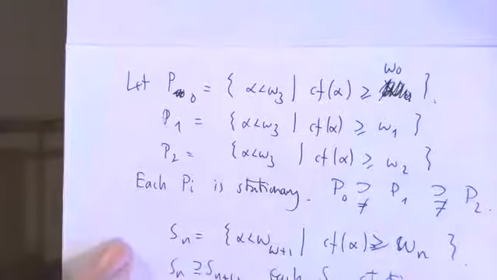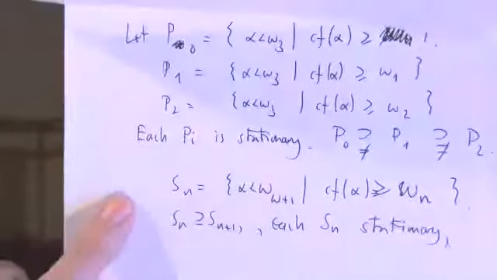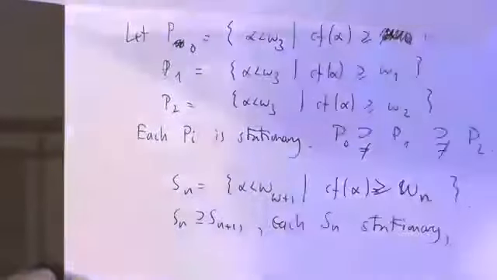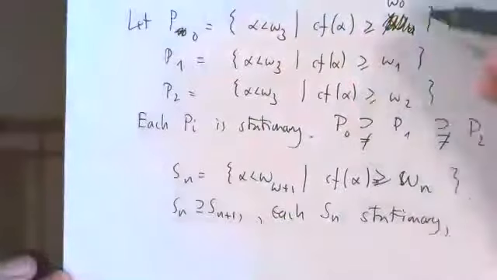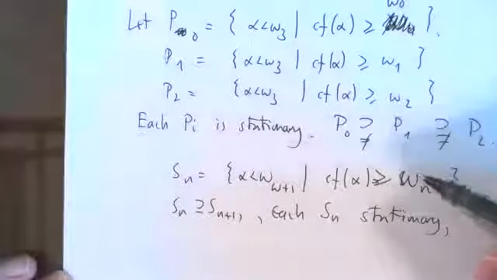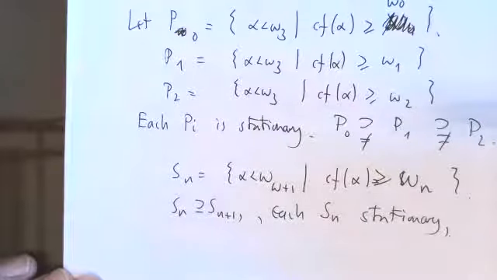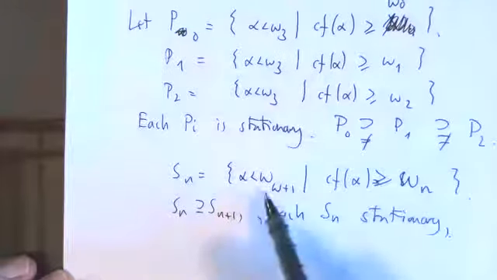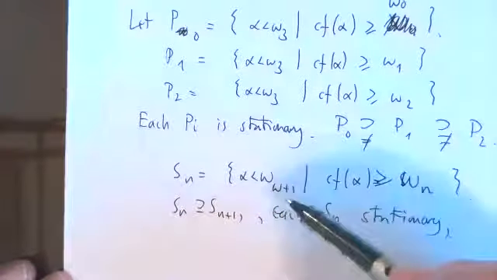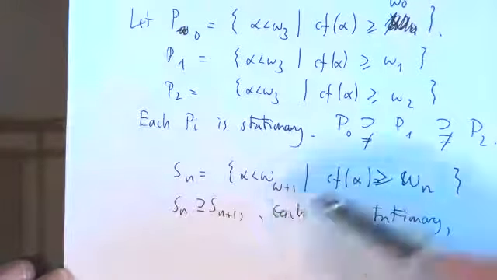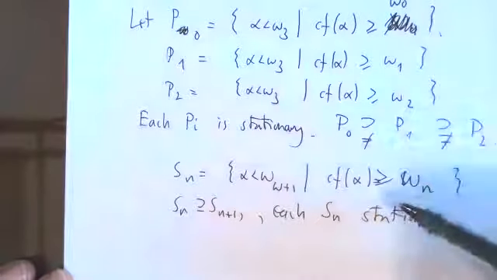But think about what the intersection is. The intersection of all of these is a point whose cofinality is greater than or equal to any of the omega n's, right? But actually, that makes it empty because below omega sub omega plus 1, the only regular cardinals that are potential cofinalities are the omega n's.